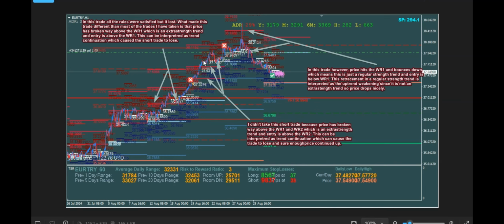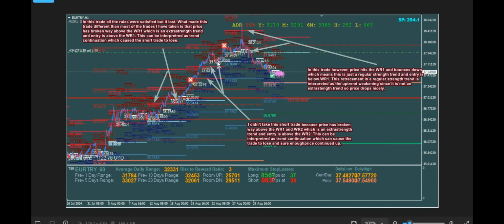That would be considered even more uptrend strength, okay? With target to the weekly R3, okay? So now we have a very strong extra strength uptrend that we're dealing with.